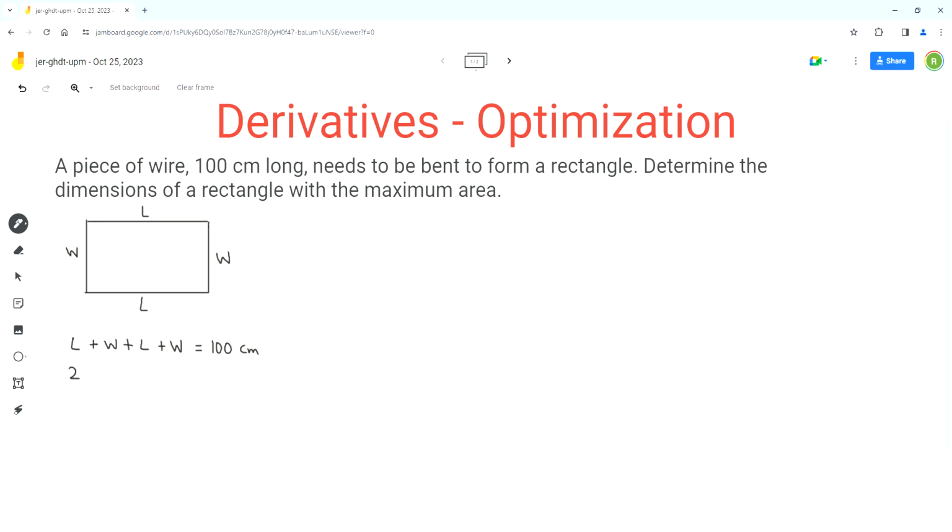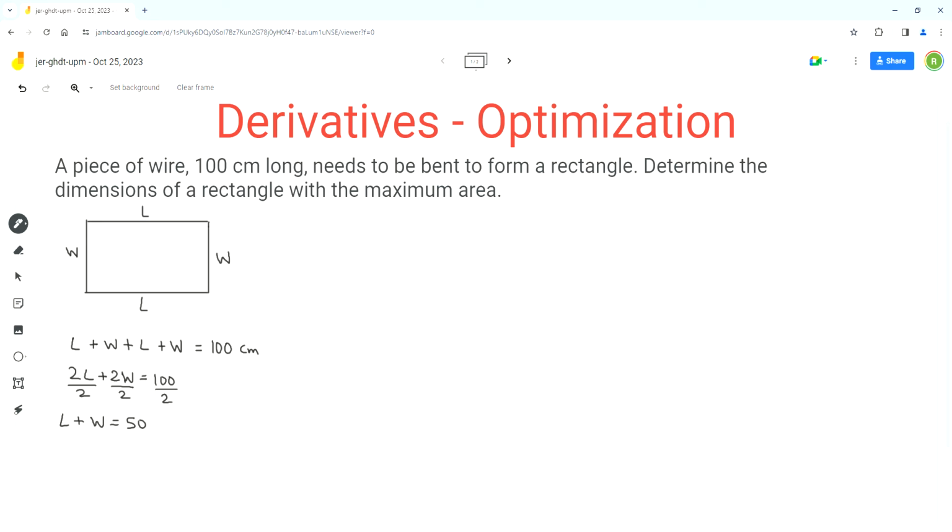So we get 2L plus 2W equals 100. And now we can reduce this equation by dividing each term by 2. So we get L plus W equals 50. So this is the first equation we get using these two variables L and W.